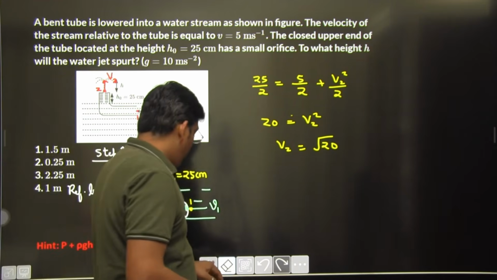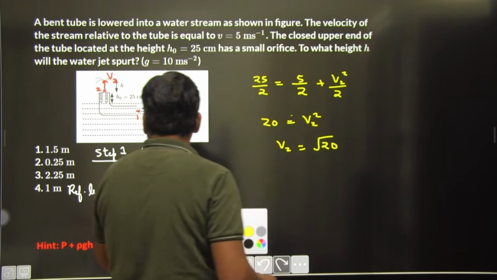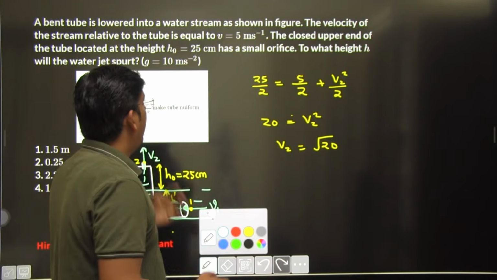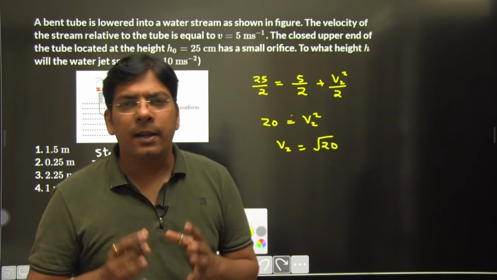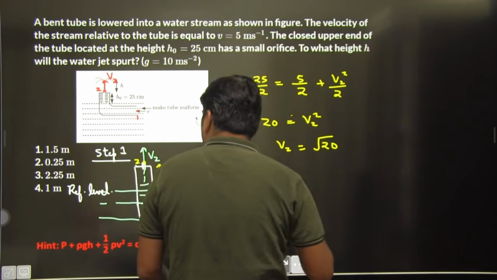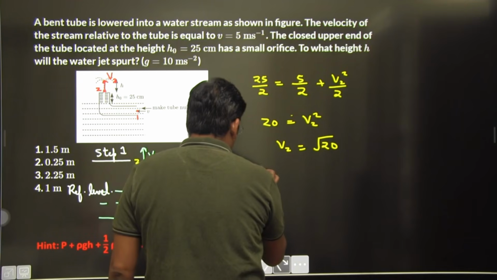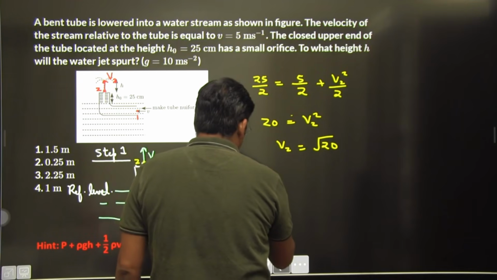While moving with this velocity, it will reach some height before coming to rest, and they are asking about the height to which this jet will actually rise. Now for step 3, we will be using the equations of motion.